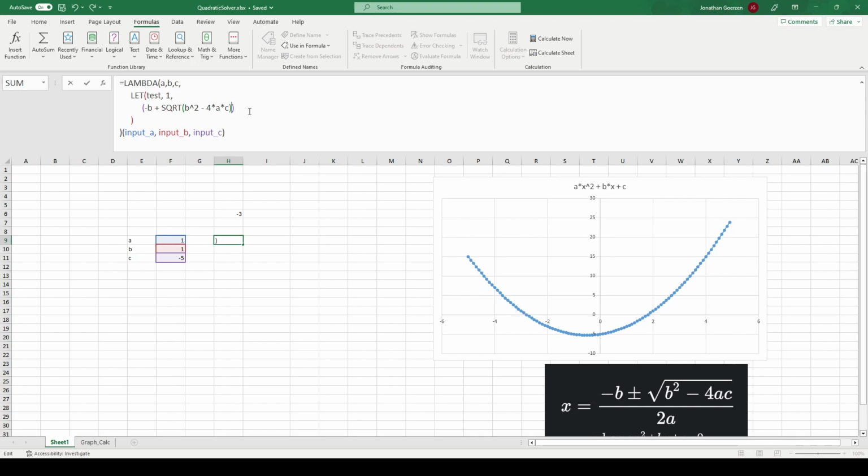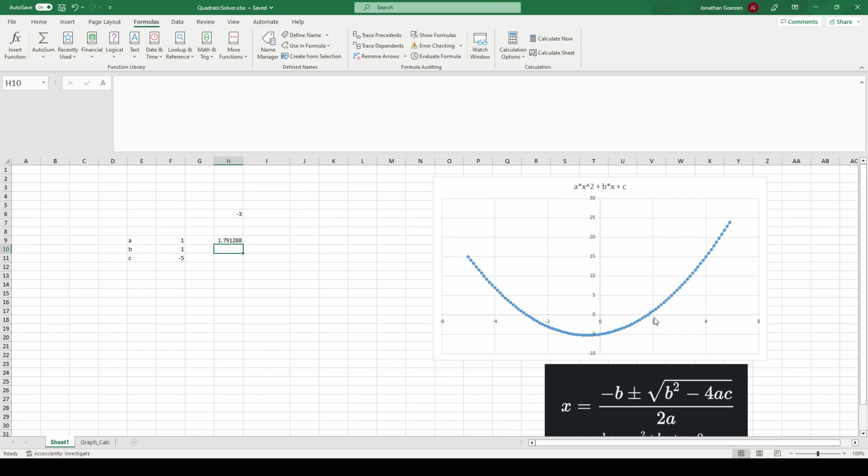All of that needs to be divided by 2a, so I'm going to divide by 2 times a and close. And that's it. If I hit enter, it says that my root for this equation is 1.79 and something, and that looks about right.